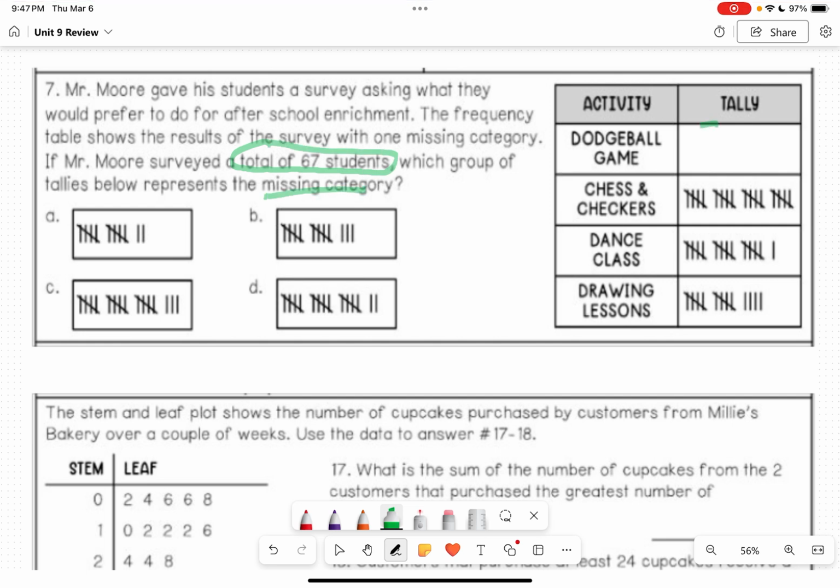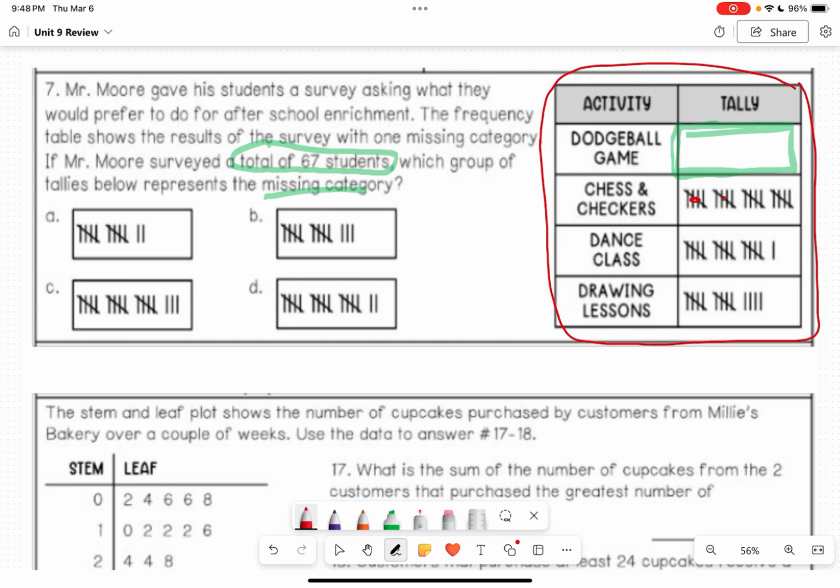So obviously we are looking for what can go in here. We know that to get all of this information, he asked 67 students total, but our data doesn't show that yet. So we have to figure out how much data is missing for the dodgeball game. What I'm going to do is count chess and checkers first. Let's count them.